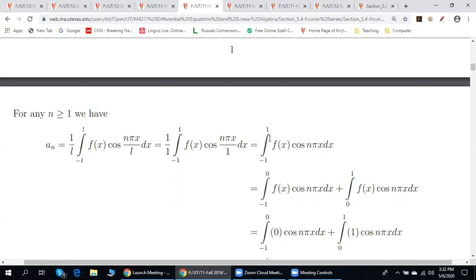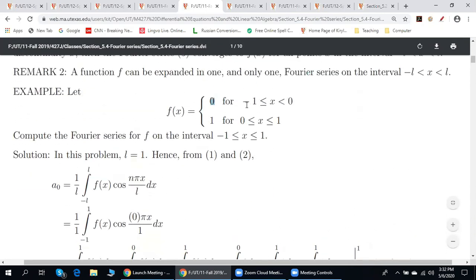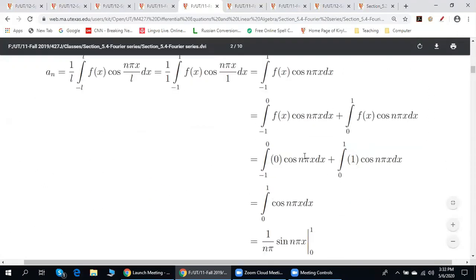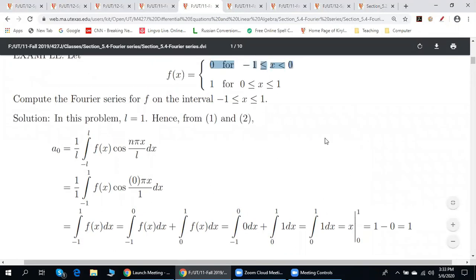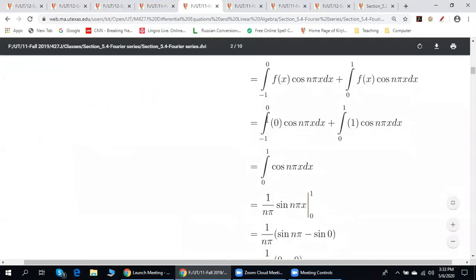Then we split this integral into two pieces. Over this integral, f of x is 0, according to what is written here. Over this integral, f of x is 1. Integral of 0 is 0, disappears. 1 times cosine is cosine.